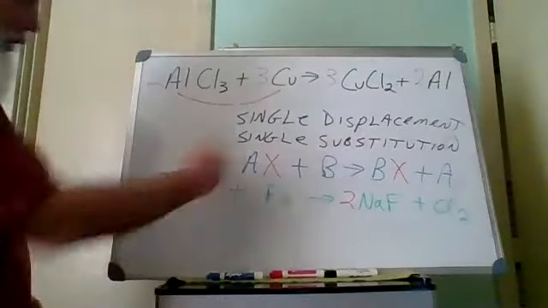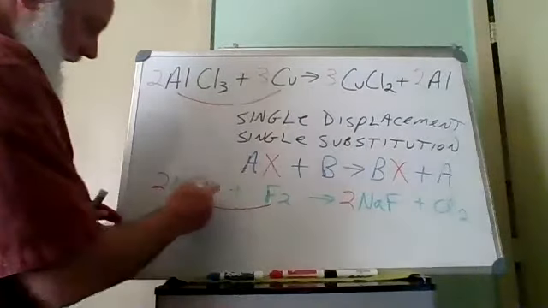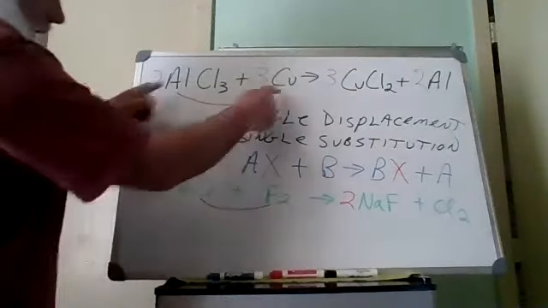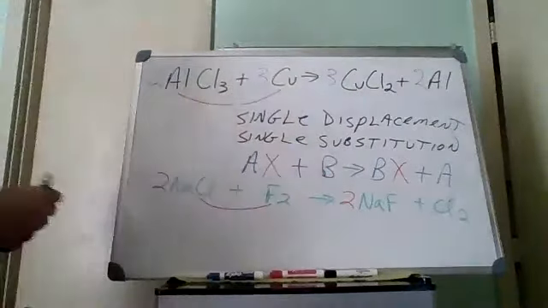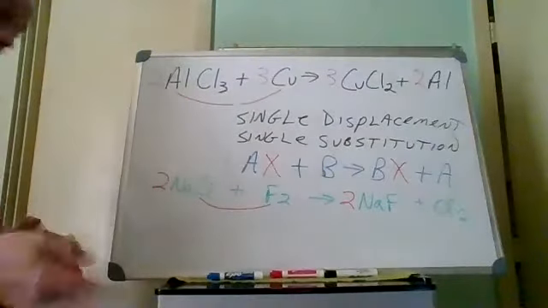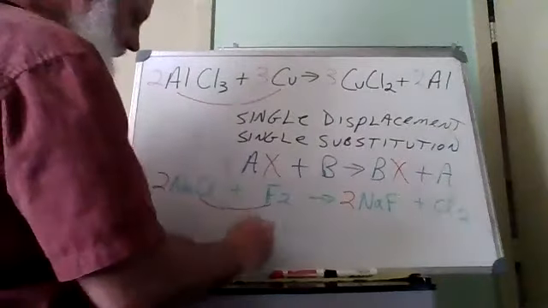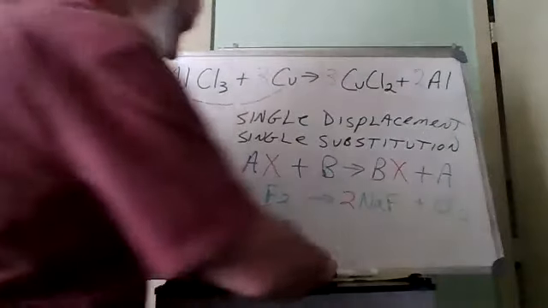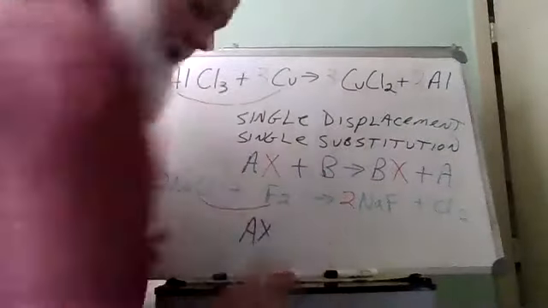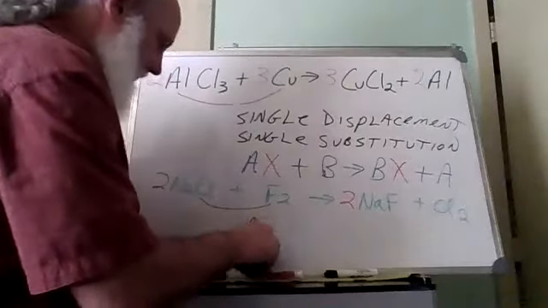Now, how could I write the general form of this? Well, first we see that it's the anion. We're drawing the arc on the anion rather than the metal cation. So here, this is single substitution, but it's the anion being traded. How do I write the general form of this? A, X, oops, sorry, I want to do the X in red.